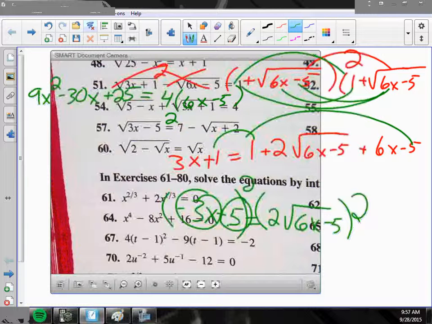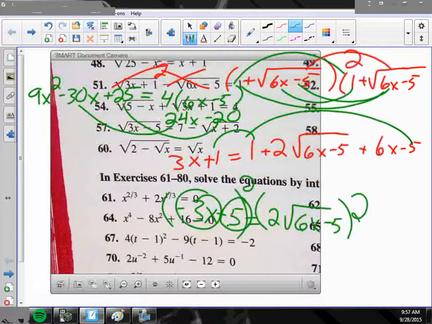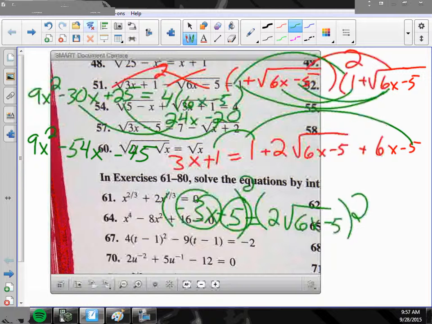So that would be 24x minus 20. Then I subtract those over and add that. So 9x squared minus 54x minus 45. Oh, they were nice to us.